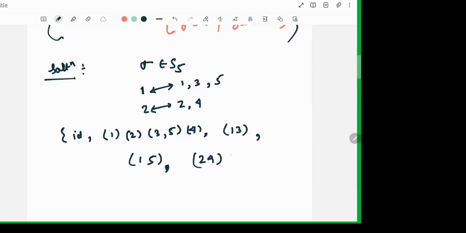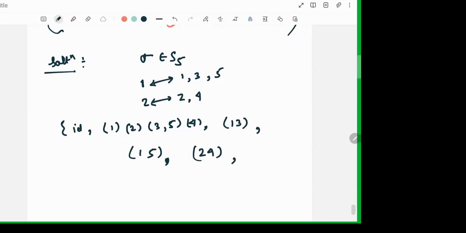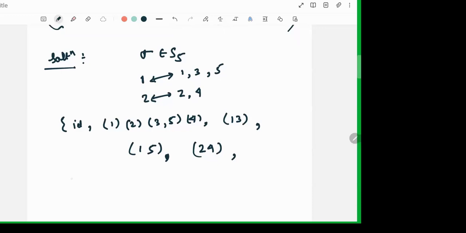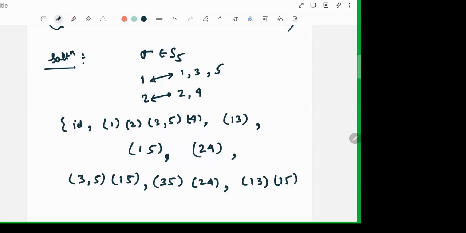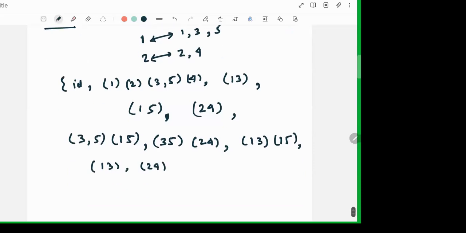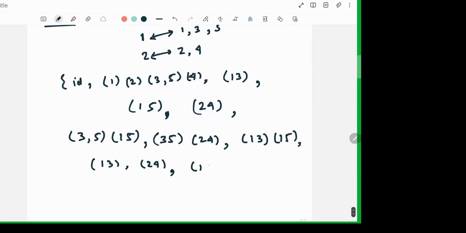Then all possible products: (3 5)(1 5), (3 5)(2 4), (3 5)(1 3), (1 3)(2 4). Now the three-cycles: (1 3 5) and then (1 3 5) again.